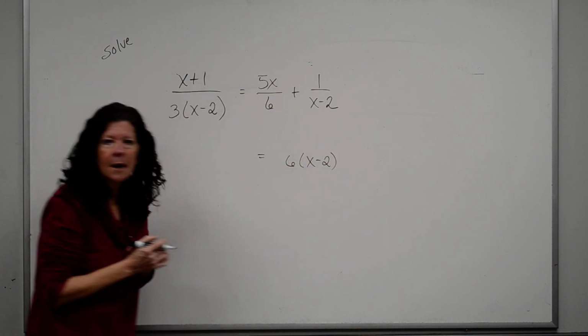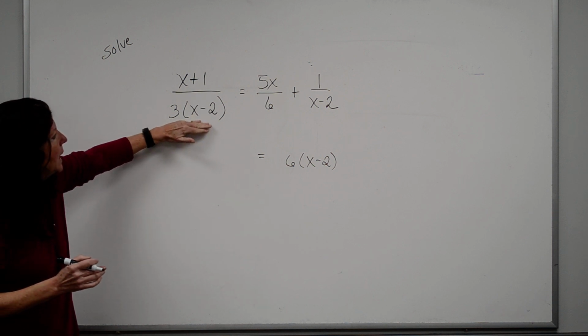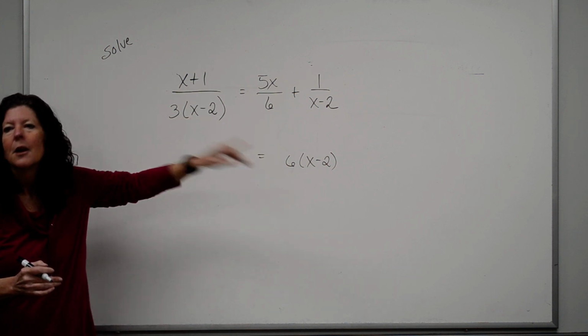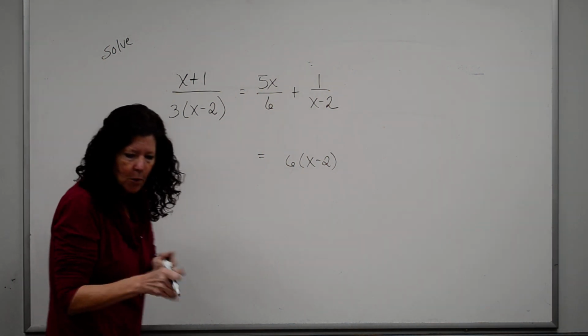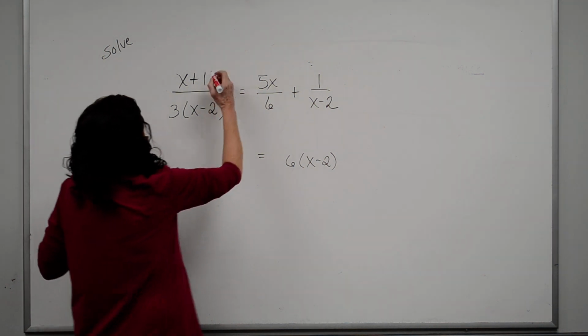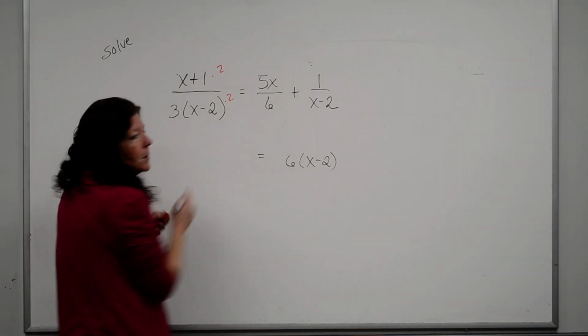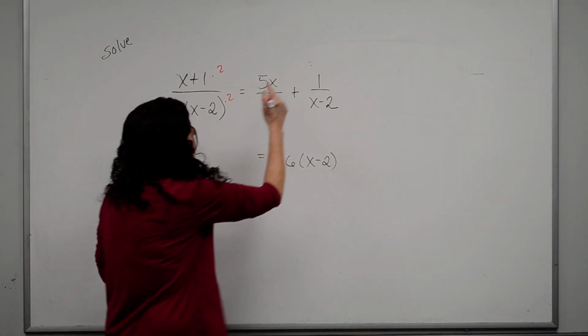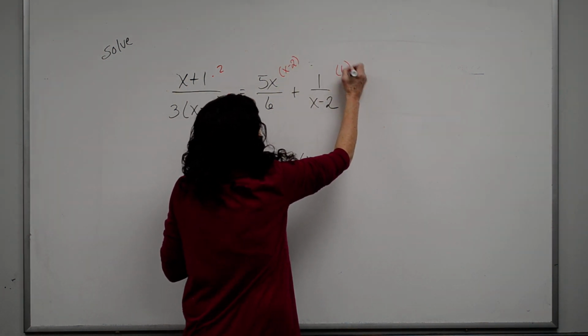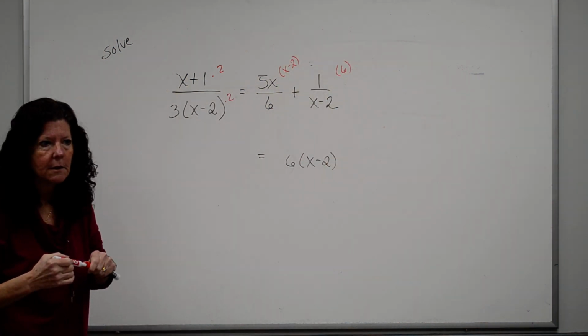Isn't that my common denominator over there? So is there any way to make this into that? Multiply by 2. So what I'm going to do is the top and bottom here, I have to multiply by 2. Over here, this is missing an x minus 2, and this is missing a 6, correct?